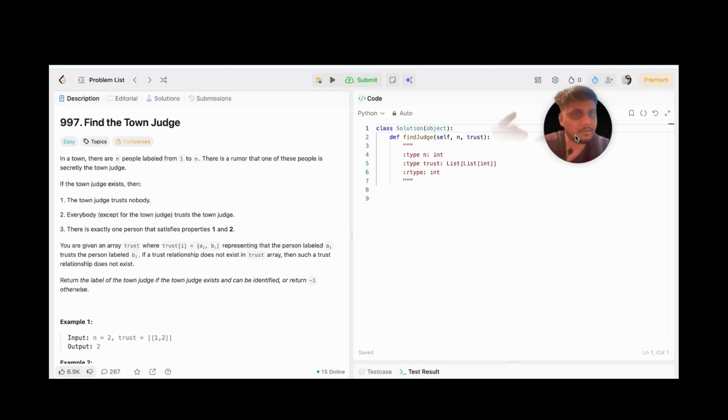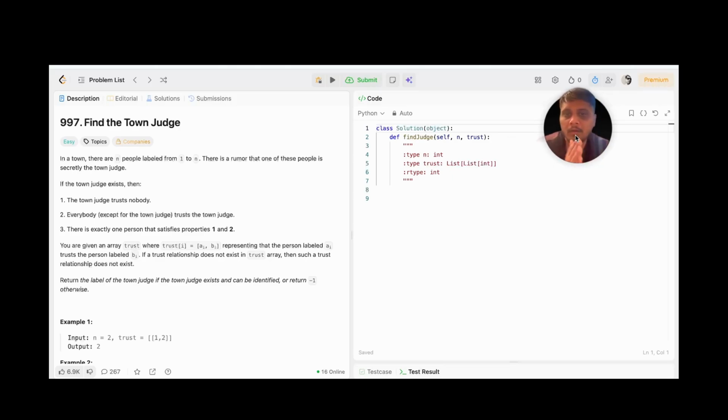So there is an edge from the first to the second, representing that the person labeled ai trusts the person labeled bi. Definitely this ai cannot be the town judge, because the town judge does not trust anyone. Now bi can be a town judge.